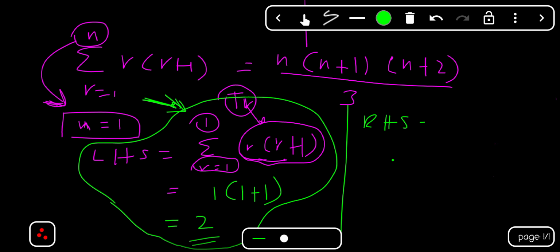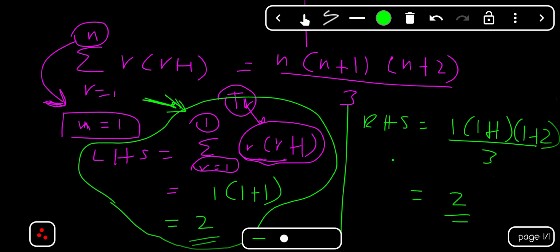The RHS is 1 times 1 plus 1 times 1 plus 2 over 3. You can see that it's going to be equal to 2, the same as the left hand side. So we can say simply that when n equals 1, it's true. You have to state that.